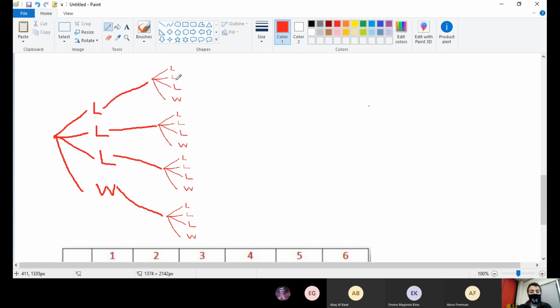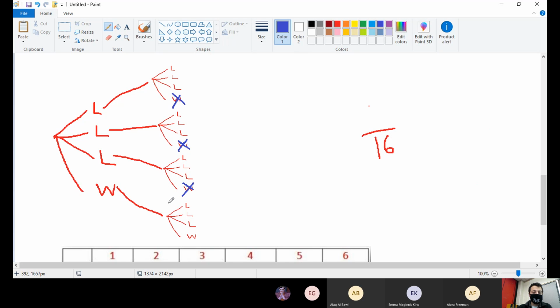Okay, so if we look at these, if we count them all up, we have 4, 8, 12, 16. So 16 total outcomes. And in how many of those outcomes do we lose both times? I'm going to cross out the ones where we don't lose both times. So on this one, we lose the first time, but we win the second time. So I'm going to cross out that outcome. The same thing with this one, and the same thing with this one.